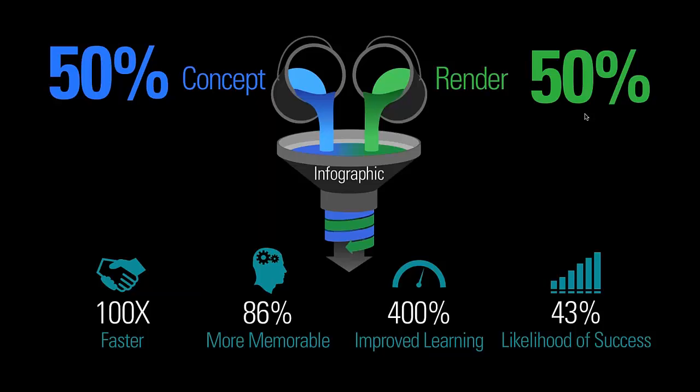So it's ish. So it improves learning 400%-ish. It increases the likelihood of winning or being successful, and when I say successful, I mean improved understanding, recollection, and adoption, because ultimately that's what the infographic is intended to do, 43%.